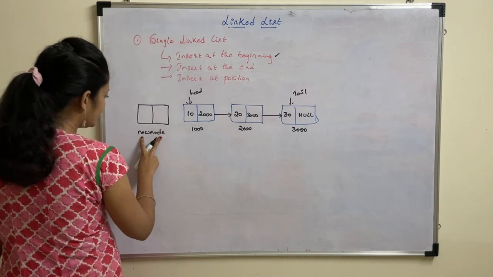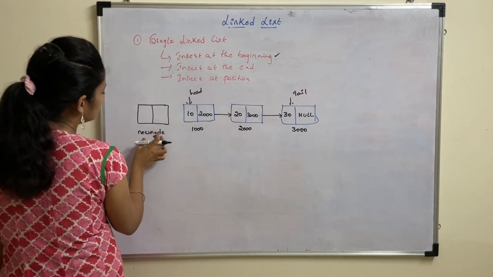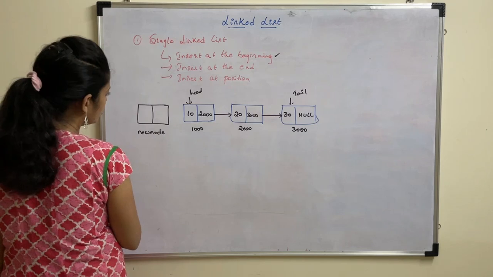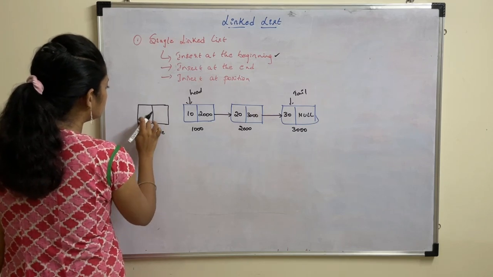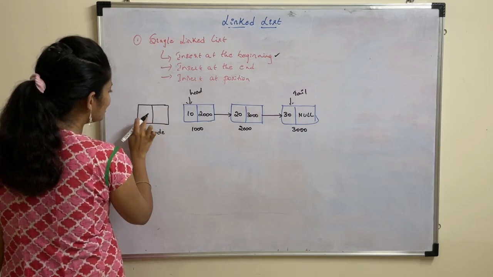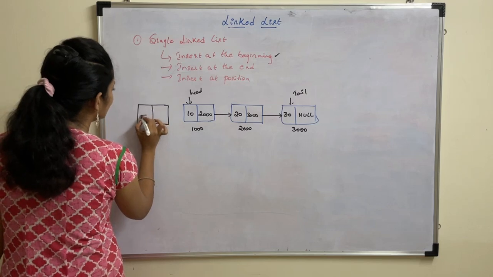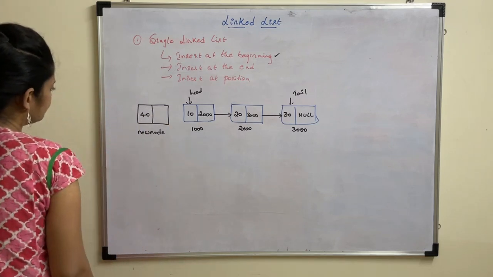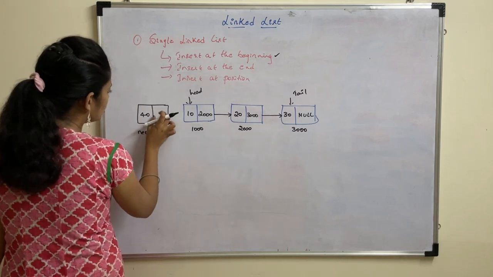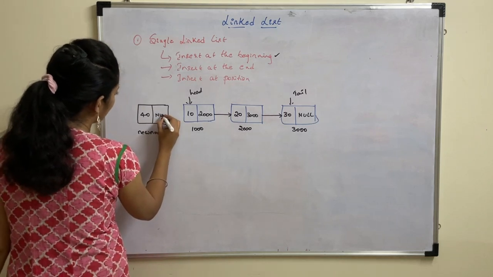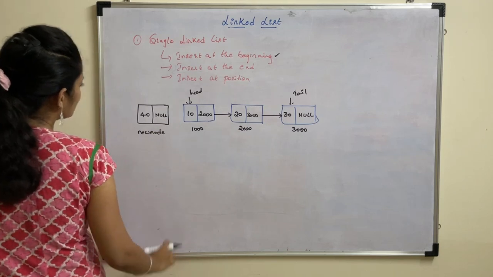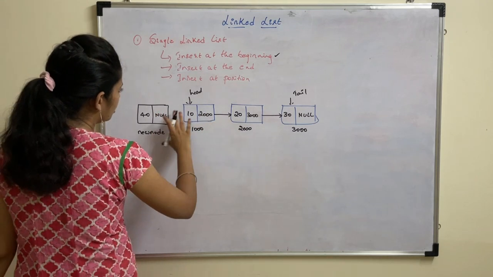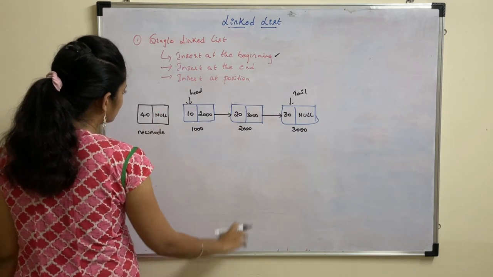I created a node and the name of that node is new node. Now, new node.data means this field. In this field, I want to enter one element. Let that element be 40. And in new node.next, initially we'll have none, because there is no connection from this node to any other nodes.